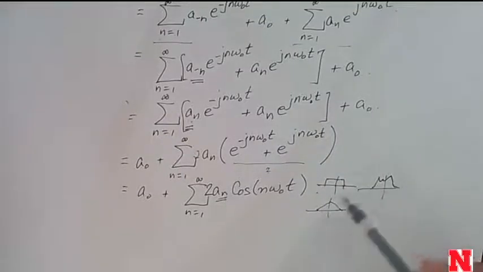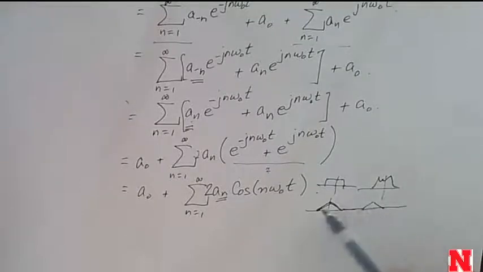So now I can take any periodic signal, and instead of worrying about the shape, I could totally forget this function of time and just look at the set of coefficients, and this set of coefficients will tell me what this function should look like. Okay, that's kind of a difficult thing to believe.